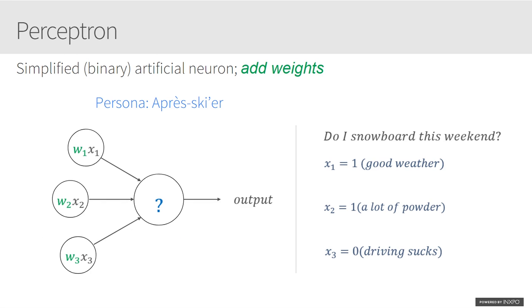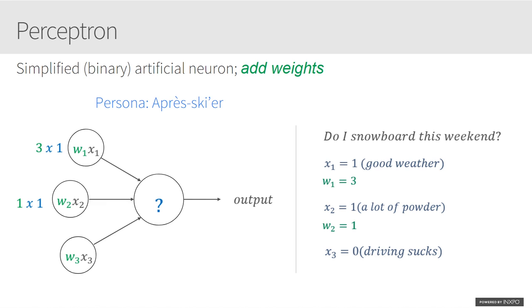Now, let's add the weights, and let's talk about the person who's the après skier, the person who isn't a shredder, isn't a boarder, isn't a skier, but they're there for the after parties. Adding the weights in, the good weather is important, but the weight's 3 out of 10. I'm just doing this arbitrarily.